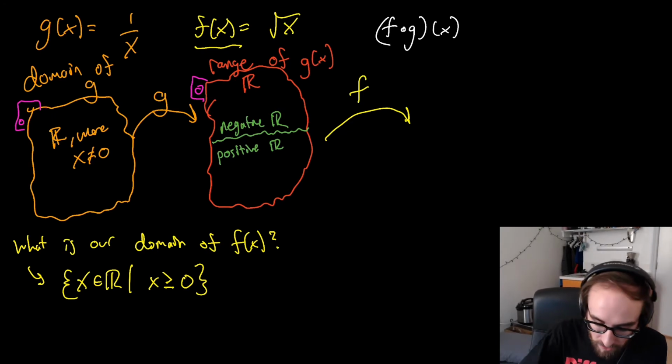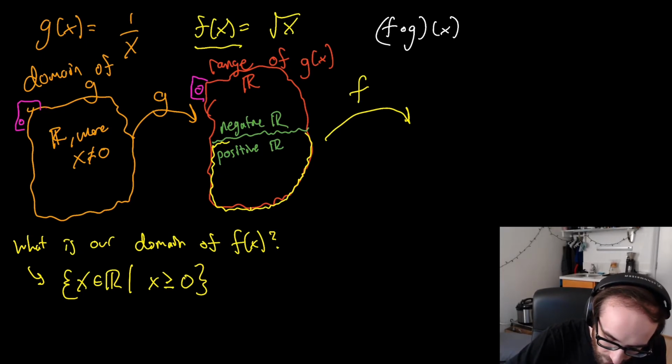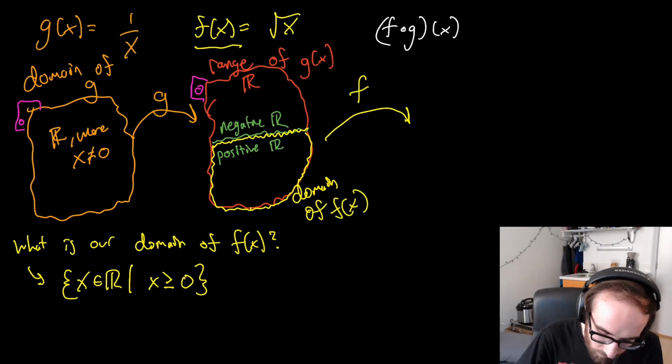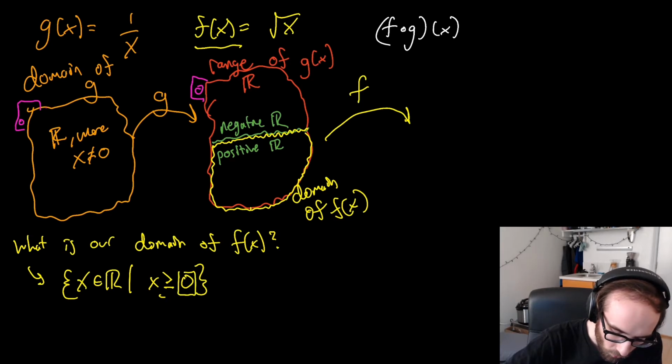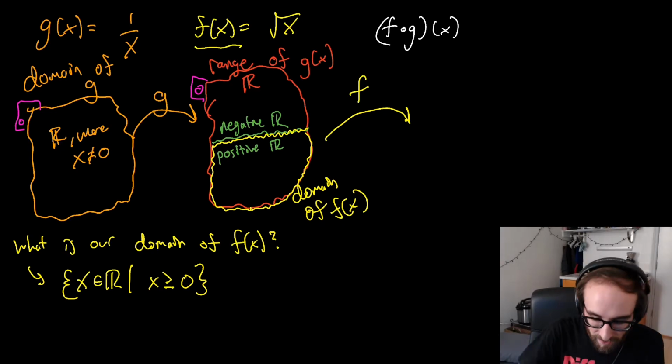When we think about the domain of f, we can include all of these numbers in the red blob down here that are in the positive real numbers section. So here we have the domain of f of x. One note to make here is notice 0, because we have an or equals to, 0 is in our domain of f, but 0 isn't in the range of g of x.